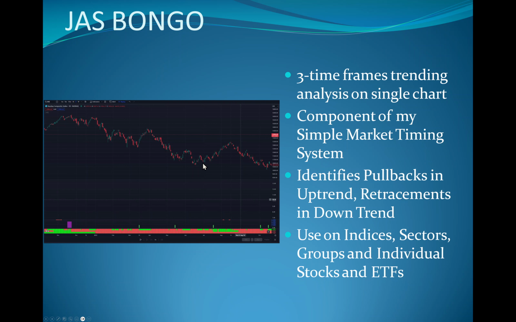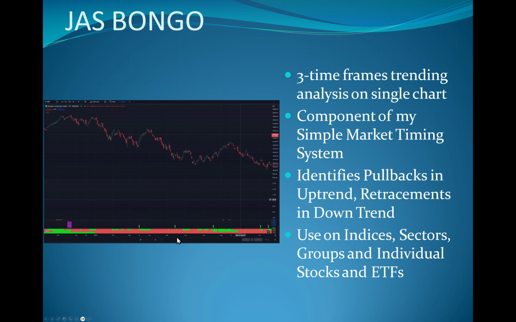As we started to have little retracements in a downtrend, the daily and sometimes the weekly would actually turn green, but the major trend is still down, the monthly. So by scanning for certain characteristics, we might be able to identify pullbacks and uptrends or retracements and downtrends. And I use this on indices, sectors, groups, individual stocks, and ETFs.